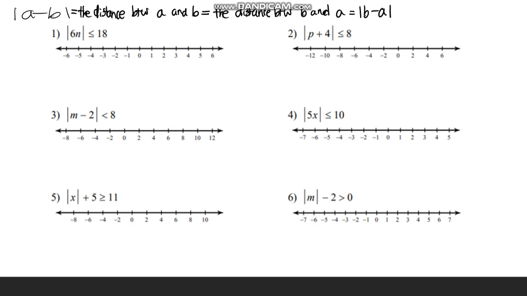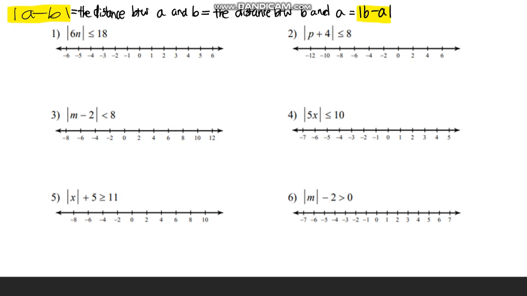What you can remember is that absolute value of a minus b is exactly the same as absolute value of b minus a. Think about it: the distance between you and I is exactly the same as the distance between I and you.